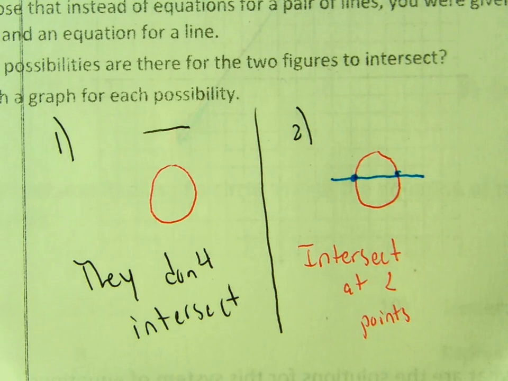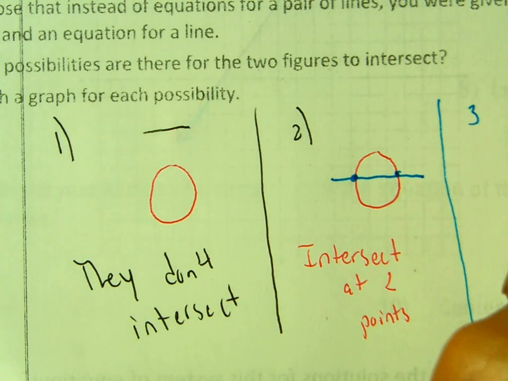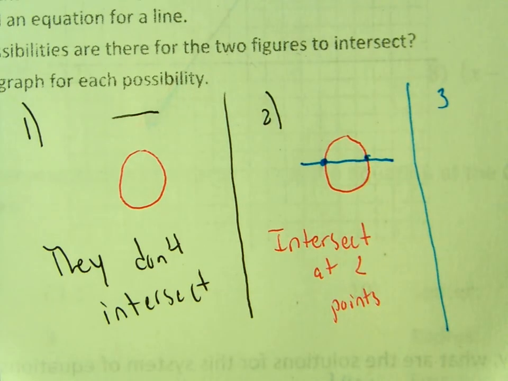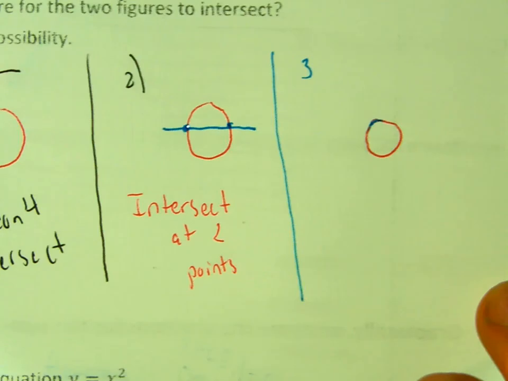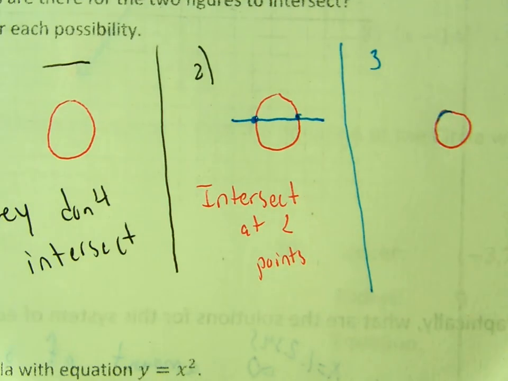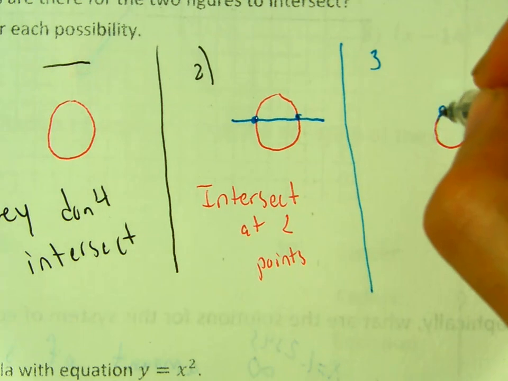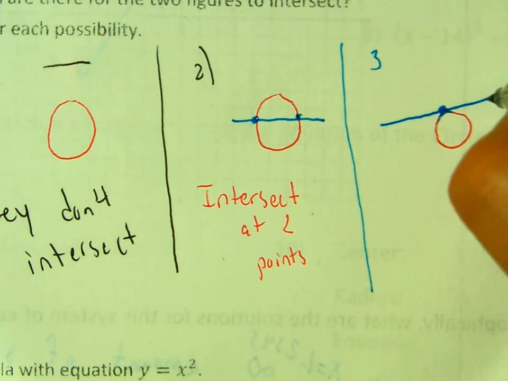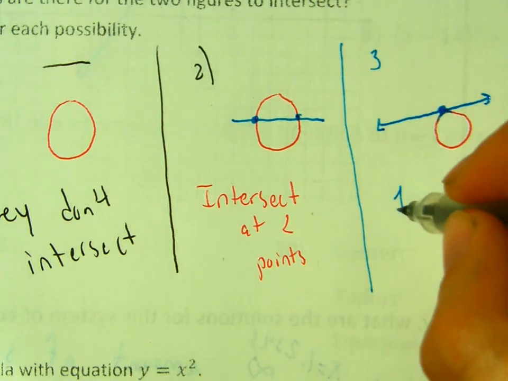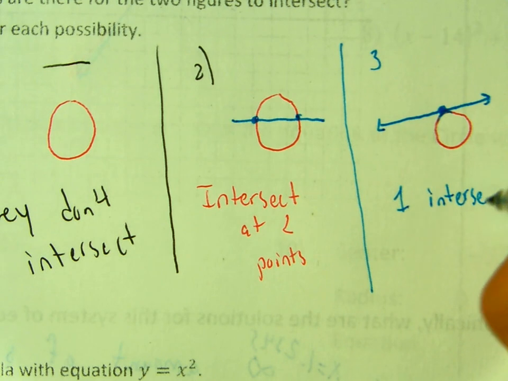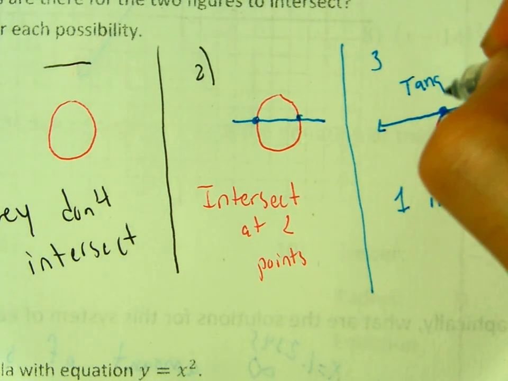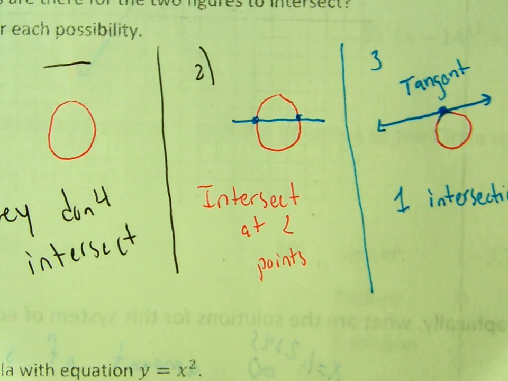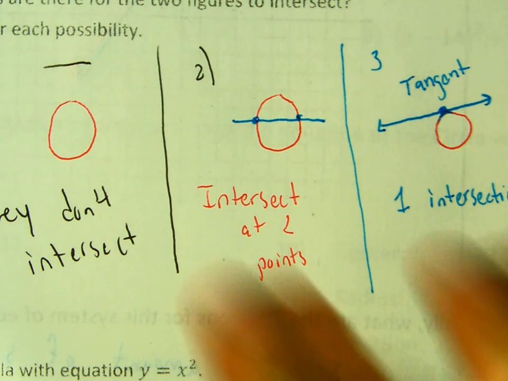And what's the other way? The third way is, if you have a circle, what else could happen here? It could touch at just 1 point. So here it's one intersection. And when this happens, we say that this line is tangent to the circle. Okay? So that was part B.